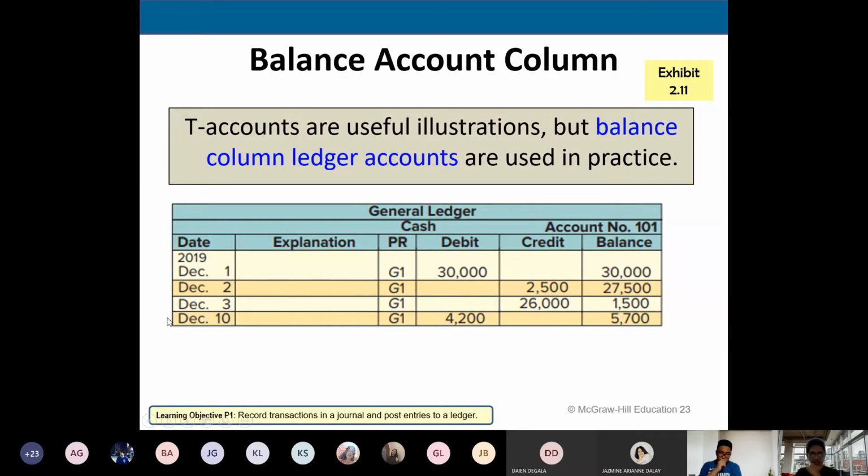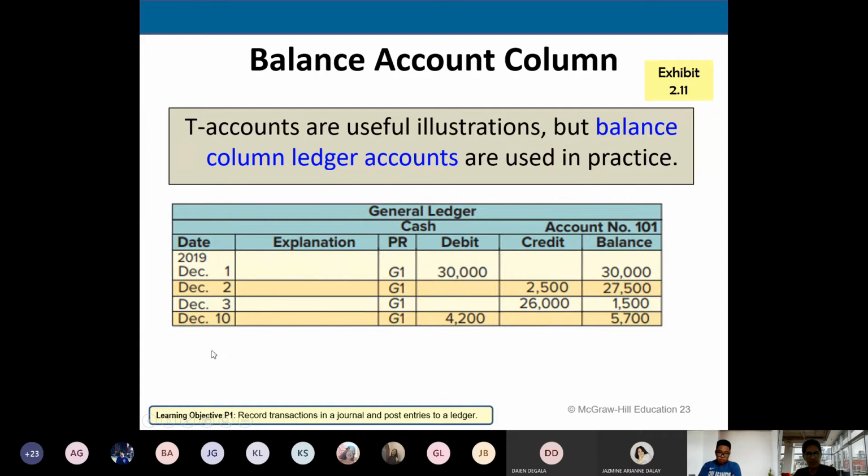Ganyan lang. So each time na may transaction, you need to get the balance. So as of December 3, malamang meron tayong disbursements nung December 2 na 2.5. Meron din tayong December 3, 26,000 na disbursements. So meron tayong balance na lang na 1.5 as of December 3. May beginning balance tayo na 30,000, tama?